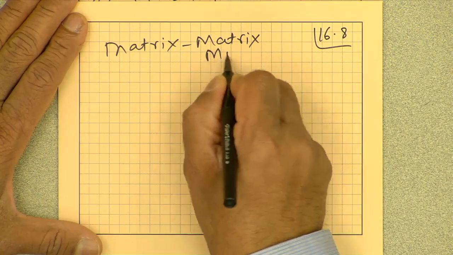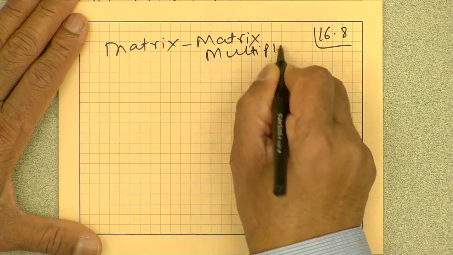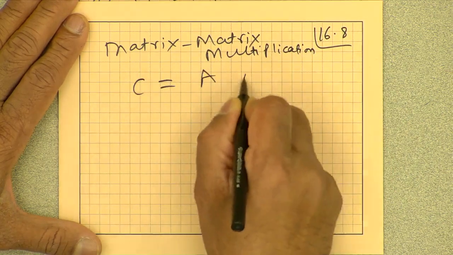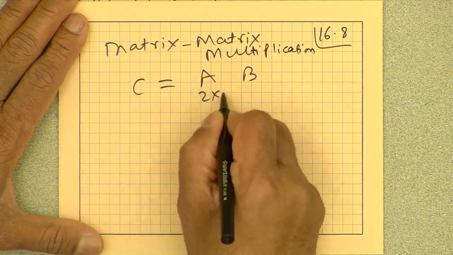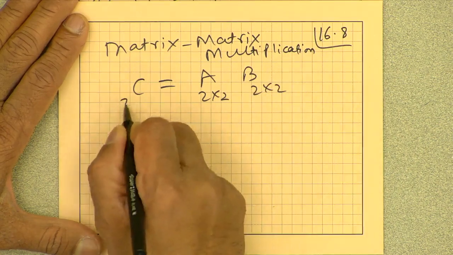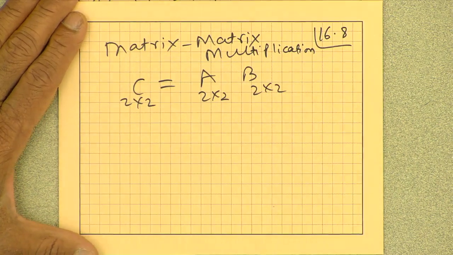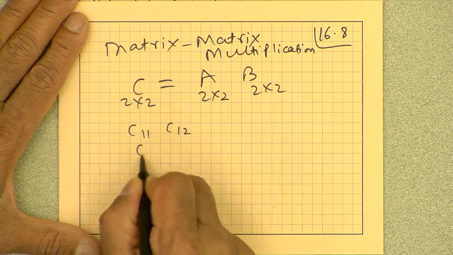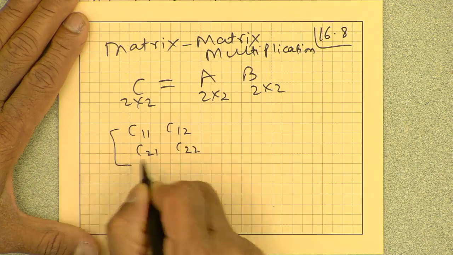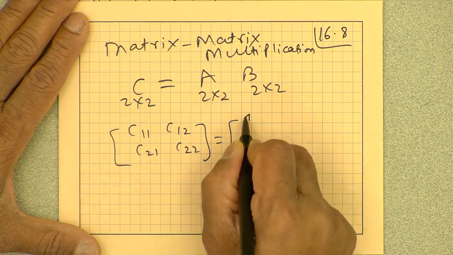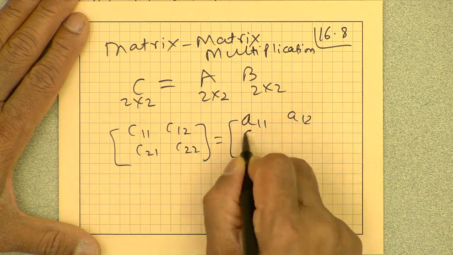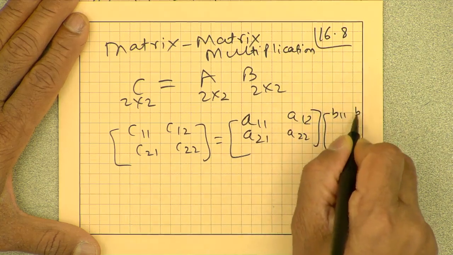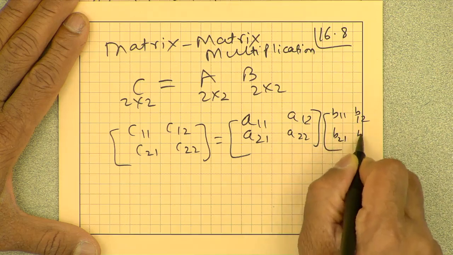So matrix multiplication. Let's take a very simple example of multiplying a 2 by 2 matrix A and a 2 by 2 matrix B to compute a 2 by 2 matrix C. So C11, C12, C21, C22 is equal to A11, A12, A21, A22 times B11, B12, B21, B22.